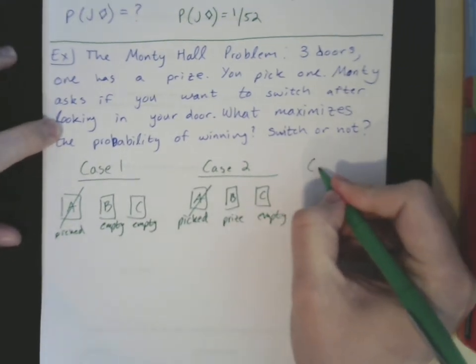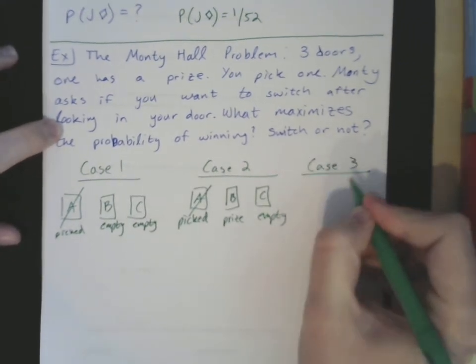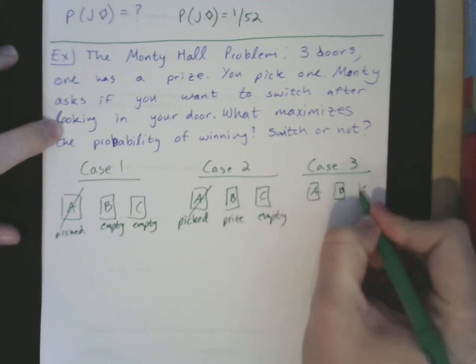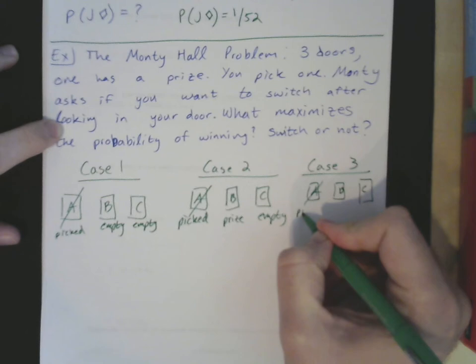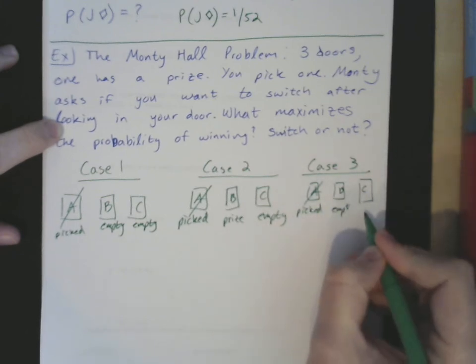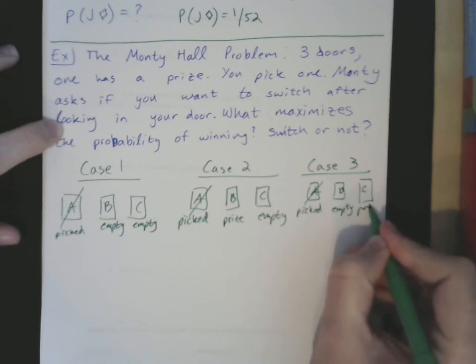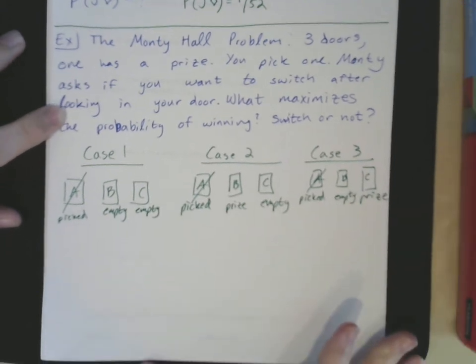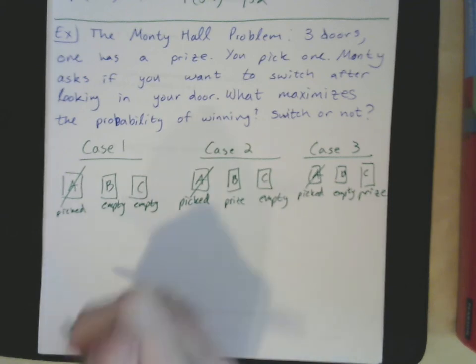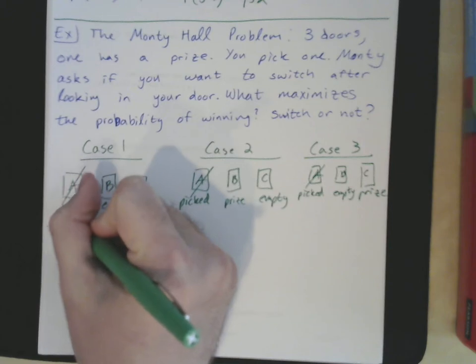And then in case 3, you guessed it, A, B, C. Again, you picked A. B is empty, and the prize is in C. So these are the 3 cases that could happen. So I guess we could write picked prize here. We've already won.